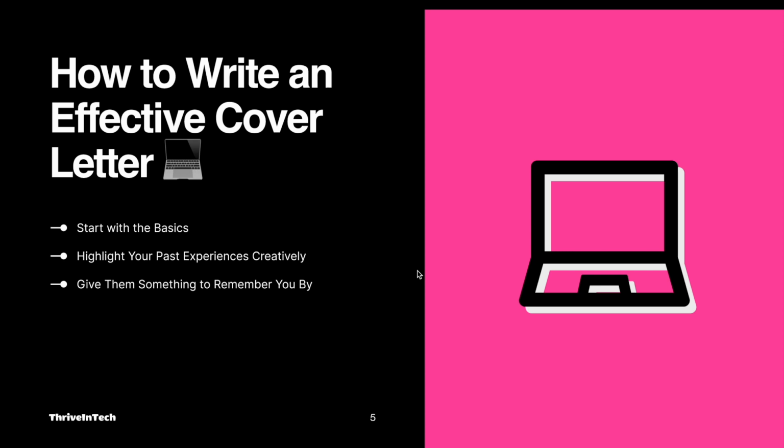For cover letters, you only need to write one. Just write one that is comprehensive and good enough. Then when you want to apply for other jobs, you just need to change the company name. Anywhere there's a company name, you just edit it, and you keep on applying.